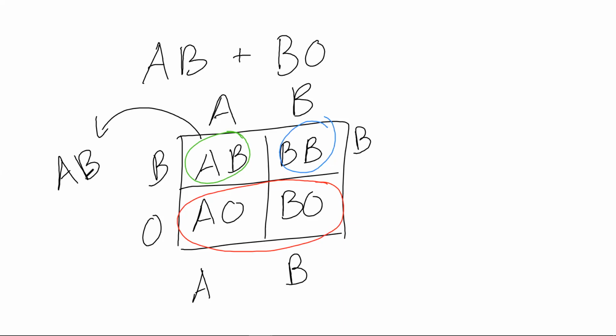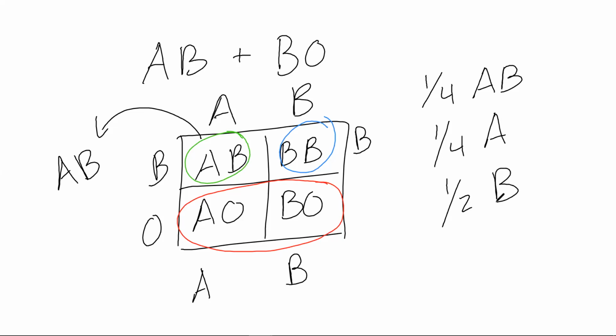So for this situation, we would have a 1 in 4 chance of an AB kid, a 1 in 4 chance of having an A blood type kid and a 1 in 2 chance of having a B blood type kid. Why? There's 2 Bs. Even though this one's a carrier, they represent the B blood type. Does that make sense?